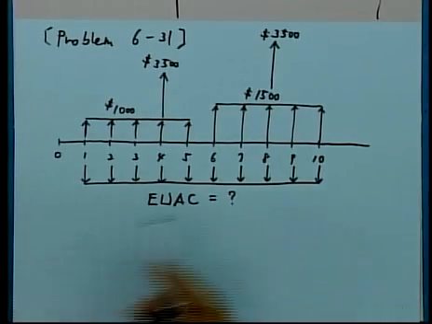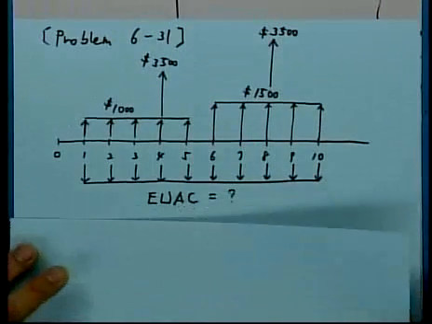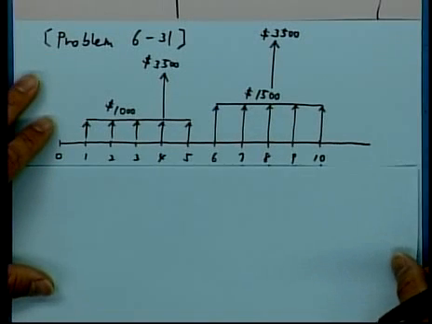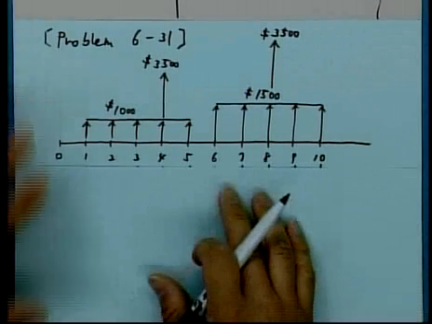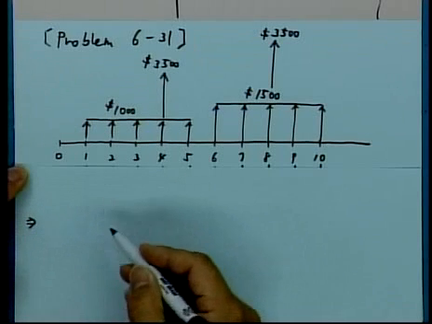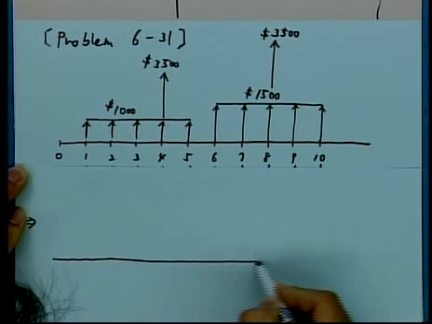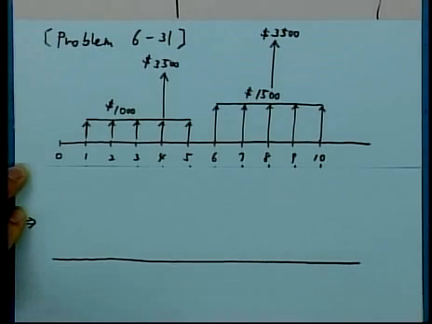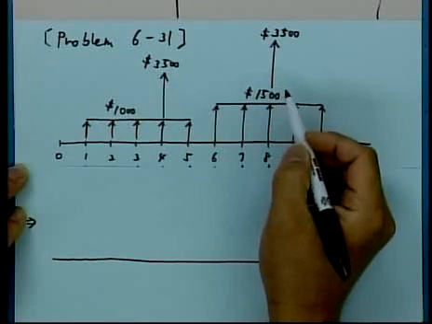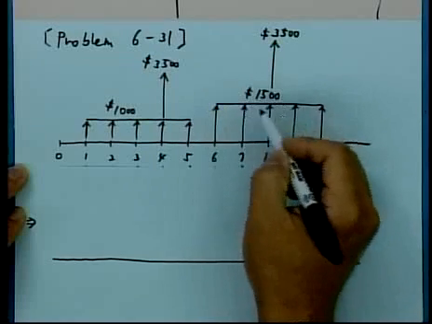So first, this positive cash flow can be broken into two components. The first one includes everything but the $1,500 during the second 5 years.